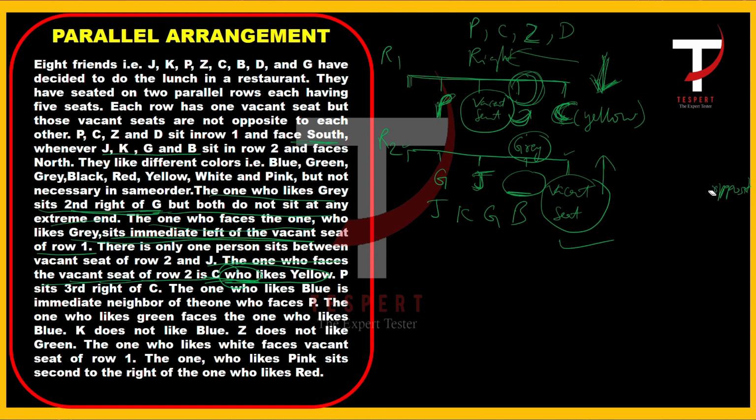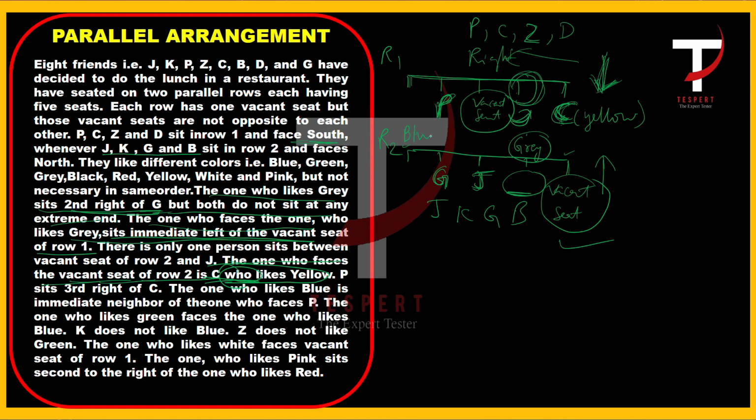The one who likes blue is immediate neighbor of the one who faces P. So which one faces P here? G faces P. So the one who likes blue must be here. This is blue.